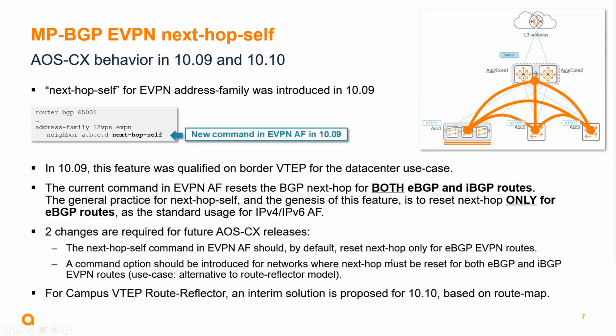So for the specific case of today, we are going to use an interim solution that is proposed for 10.10 based on route map. In order for that to be a working solution, remember that we have to touch not only the IP address of the VTEP, but also the router MAC, which is an attribute that you find in the NLRI of the MP-BGP VPN routes that is used for routing for L3 VNI.